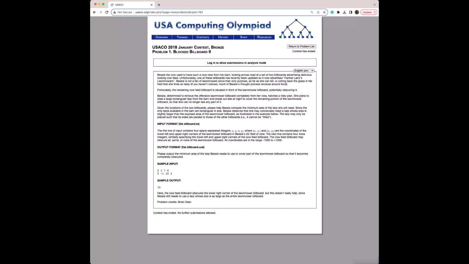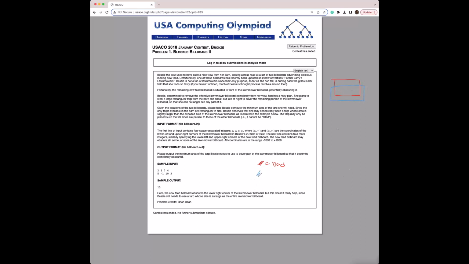So to visualize, let's say this is the billboard that Bessie does not want to look at. Or sorry, we can use a different color. So we'll call this the bad billboard, or the billboard that Bessie does not want to look at. And then this will be the billboard that Bessie does want to look at.